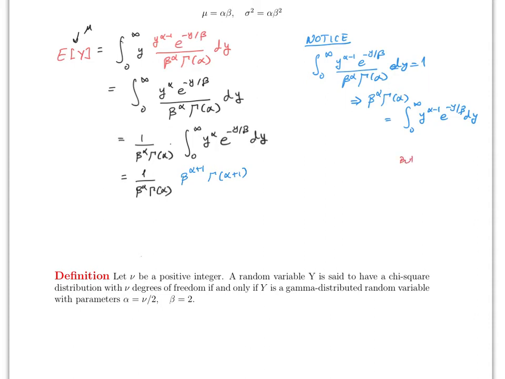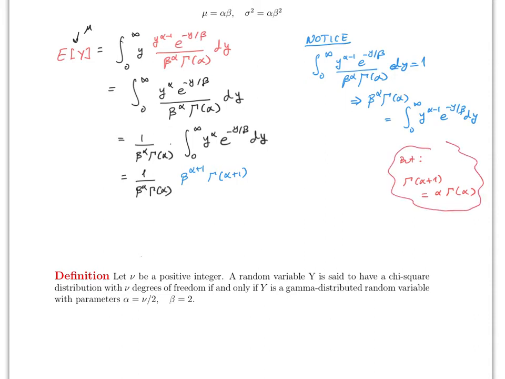But from the definition, remember, gamma of alpha plus 1 is just alpha times gamma of alpha, from the definition we had on the previous page.